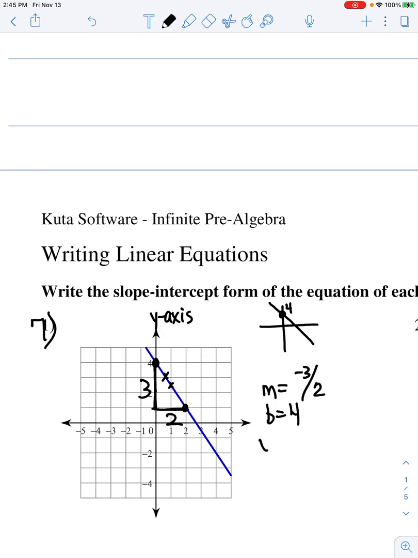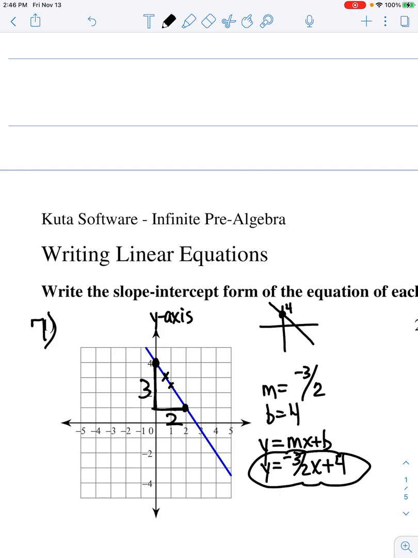So my equation is y = mx + b. So let's plug in those numbers that we just found. y = m is -3/2, x, what's my b? 4, so plus 4. So that is how you write the equation of a line.